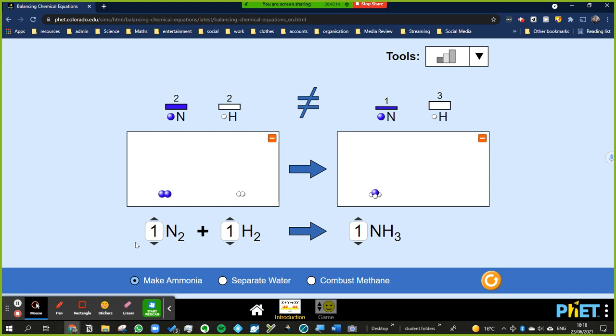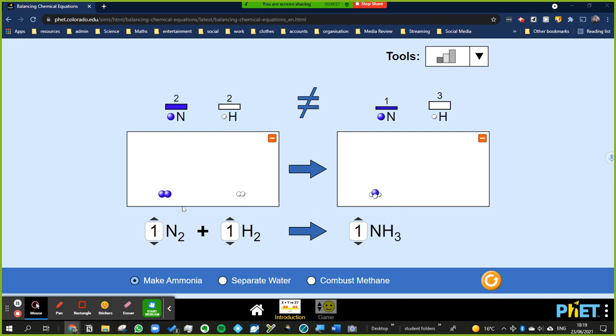So what do you think I should do to balance it? I can increase the numbers of any one of these. What are your thoughts about what I should do? The first thing to look at is to take any one of the elements, any one of the atoms, and think, what's the easiest one to balance? The hydrogens are hard to balance because you've got 2 and you've got 3.